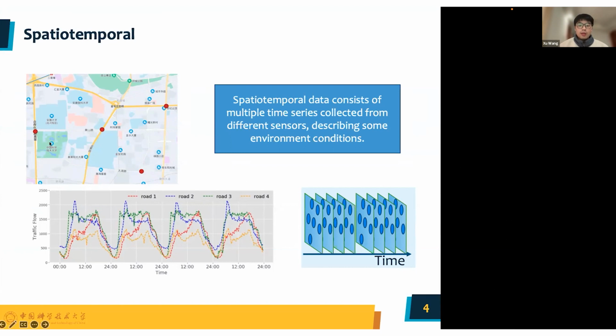For example, we may have 4 traffic flow sensors located in a city, and they collected traffic flow data, which can be visualized as 4 time series. The spatiotemporal data we're interested in can be abstracted as a discrete function on a set of points, each of which corresponds to a sensor.